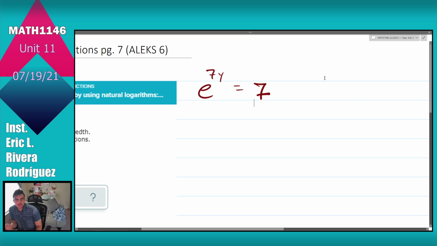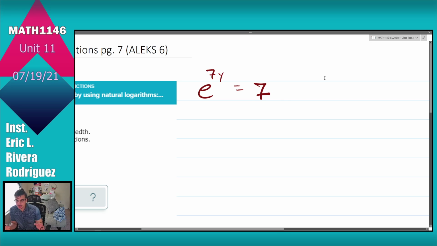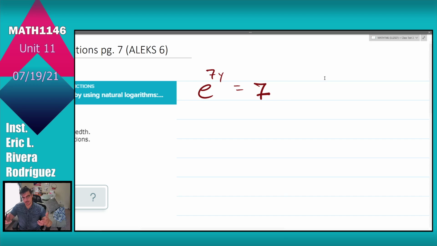So you might want to try to find a common base between both sides of the equations to then use the property that if both sides are exponential functions and we have the same base, then we conclude that the exponents need to be equal. That is not the case here. Now we are dealing with an exponential equation where there is no common base.